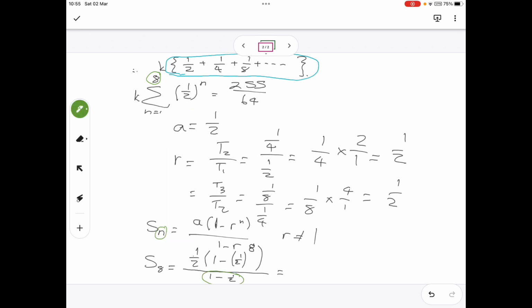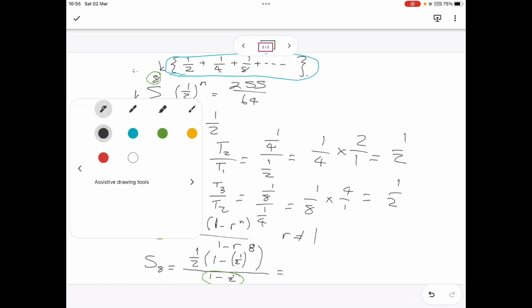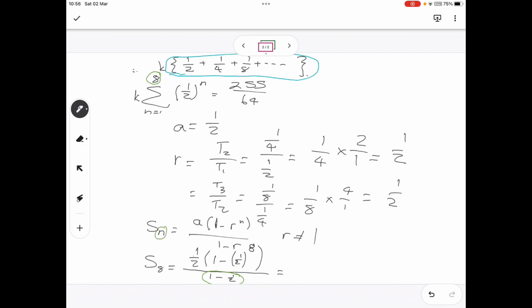So here at the bottom we have a half. And that divides this one out to give us 1. So we're left with 1 minus a half to the power 8, which is 1 minus 1 over 256.